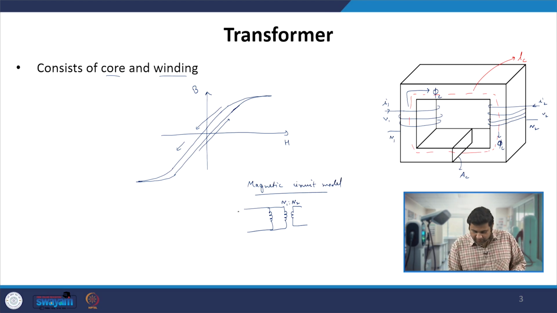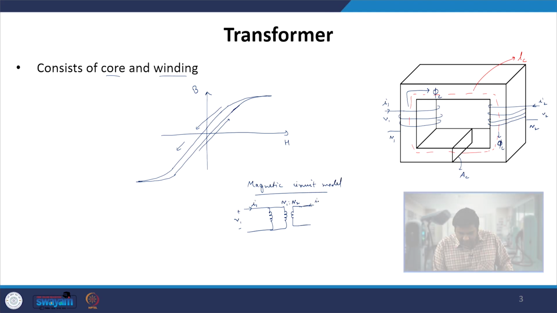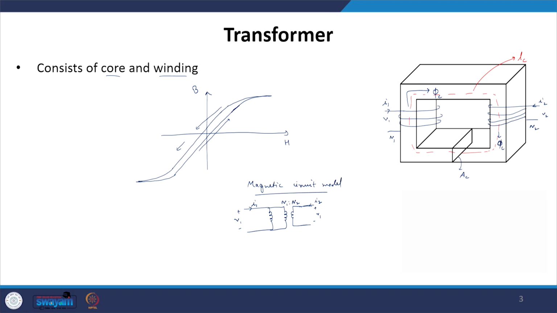We are applying V1 voltage to the transformer, and we have I1 current going into the transformer. Taking generality, if the current from the other side is also going into the core, the magnetic flux generated inside the core can be represented by the current going into the magnetizing branch of this transformer.